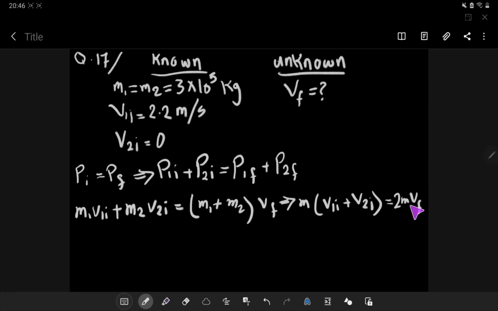Now we need to calculate v final, so we will divide the two sides by 2m.